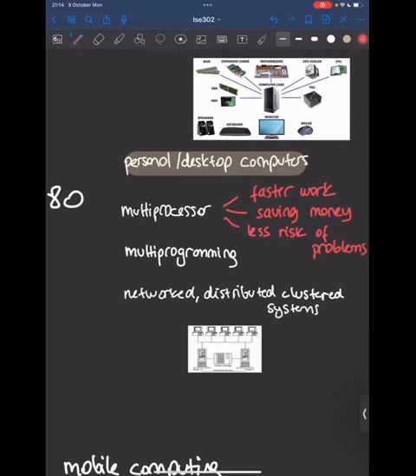Now, think about how you use your computer. You probably have more than one program running at a time. So to make sure the computer's brain is always busy, we have a clever trick called multi-programming. It's like having different jobs lined up, so the brain always has something to do.